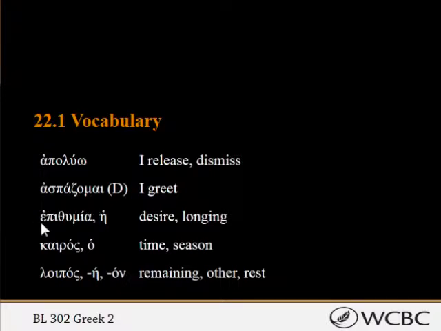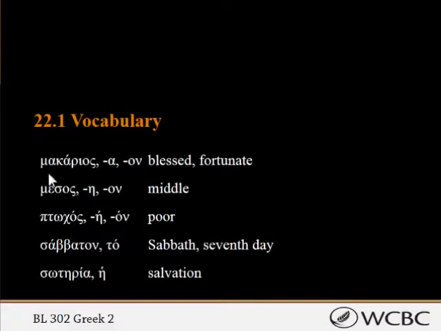Epithumia, which means I desire or a longing. Followed by that is kairos, which means time or season. Loipos, meaning remaining, other, or rest. Makarios means blessed or fortunate.